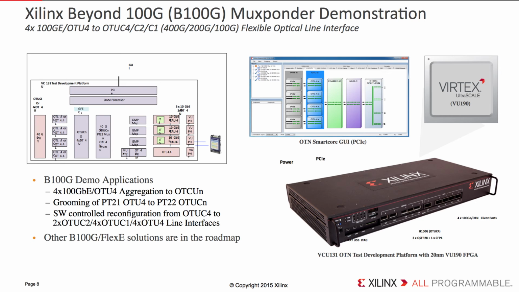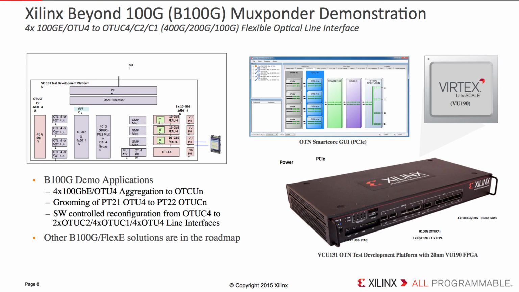Okay, so by doing register configuration, we can support OTU C4, C2, or C1. And like I mentioned before, this is all implemented in VU190. And inside this box, there's one device supporting this Muxponder.